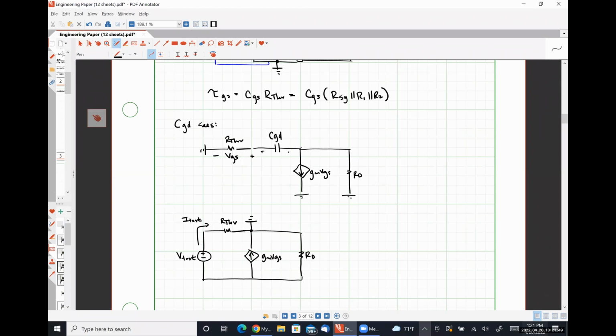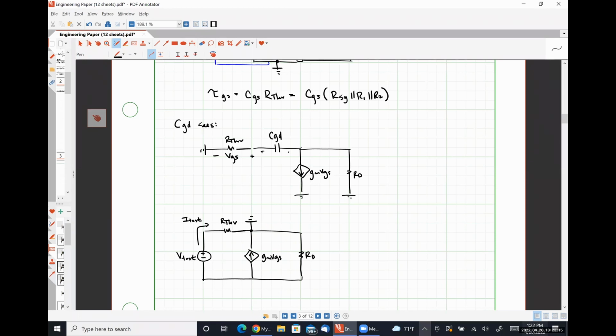Okay. So what are we going to do here? Well, I am going to apply Kirchhoff's voltage law. Oh, also one last thing that I do need to point out.